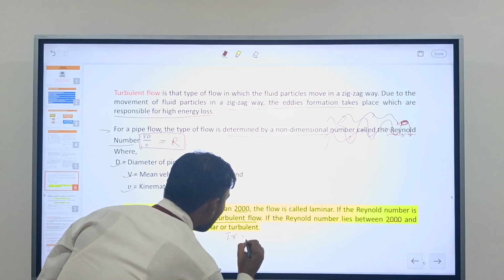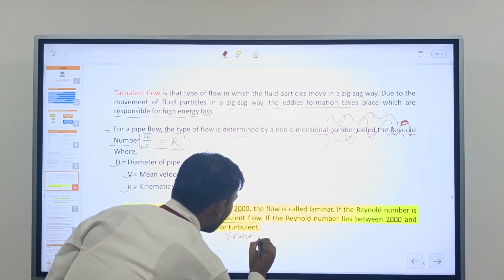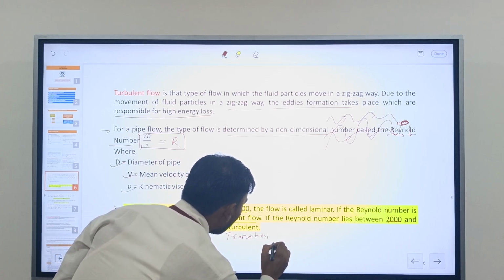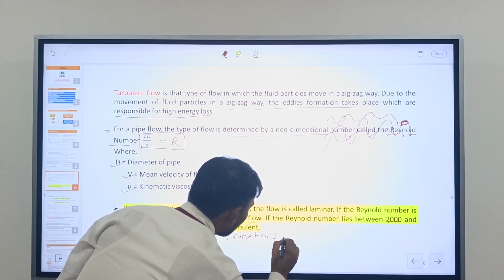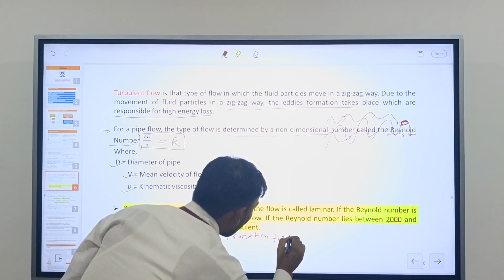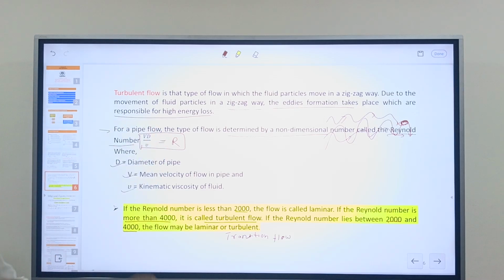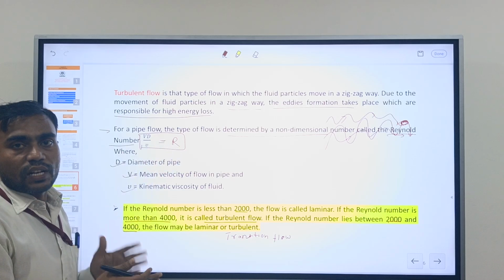Transition flow means it may be laminar or turbulent.